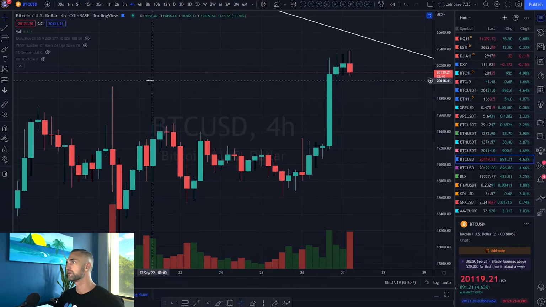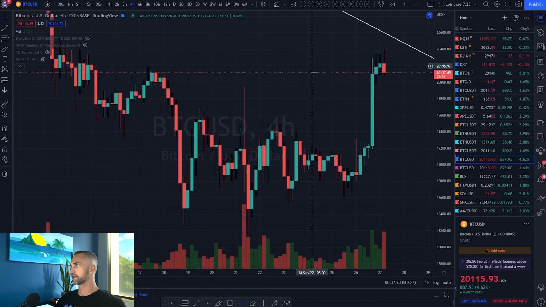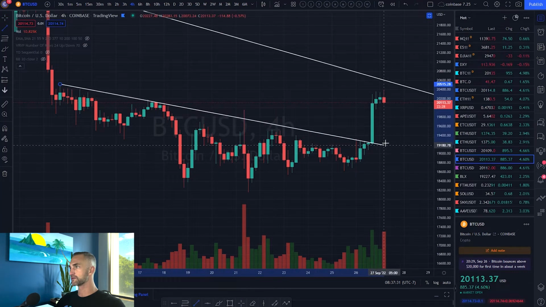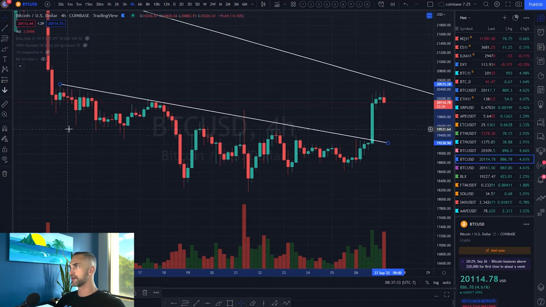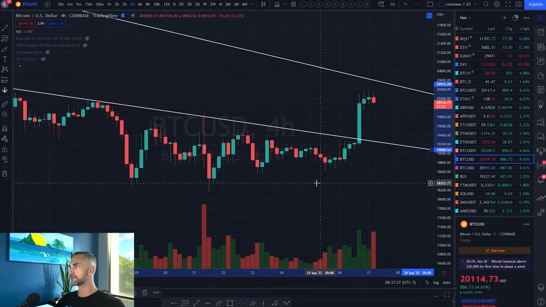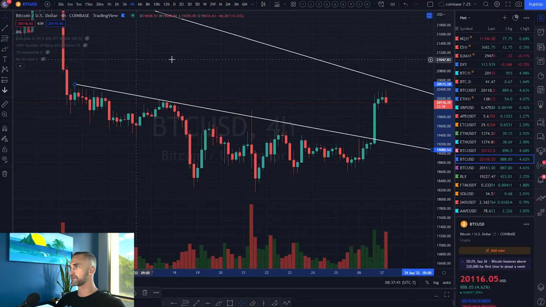So again, a bit of a nuance here with this being our first higher high in a sense. What am I looking for here on the 4 hour time frame? It's typically a retest of this trend line. But in this case, I've been looking at this chart for many hours.